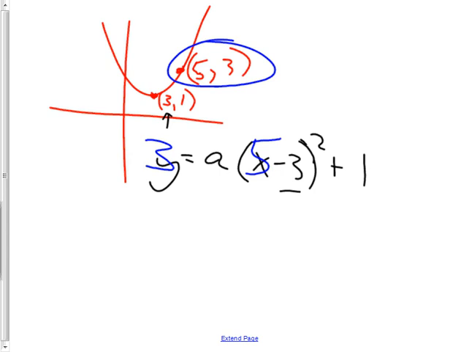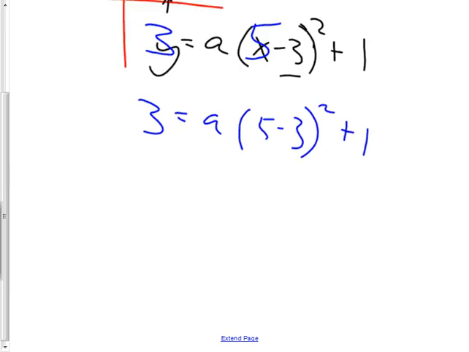And now I have 3 equals a times 5 minus 3 squared plus 1. And now I can simplify it a little bit. 3 equals a times 5 minus 3 is what? 2. 2 squared is what? 4. Plus 1. And it'd really be tempting right there to go 4 plus 1 and say 5. It'd be wrong. Because this 4 is being multiplied by that a.